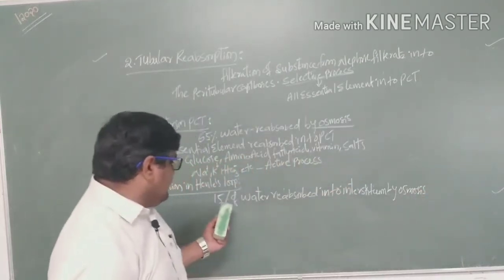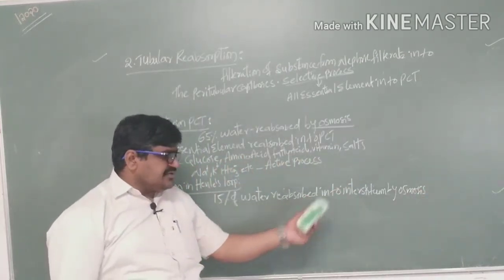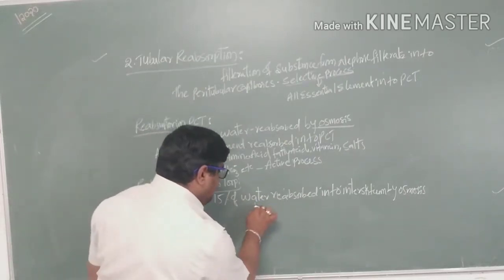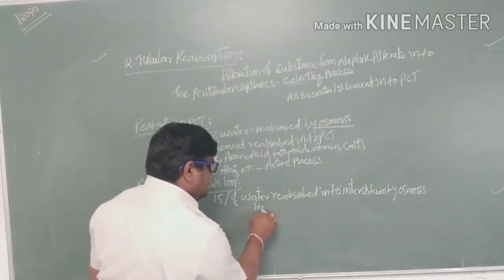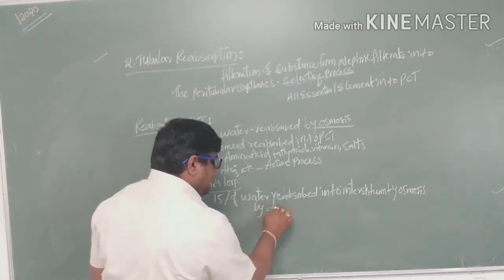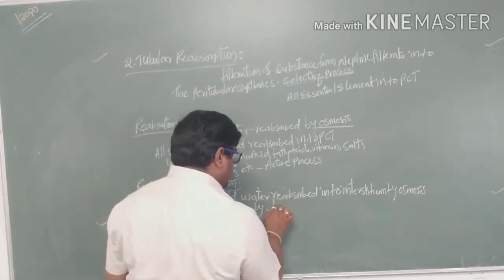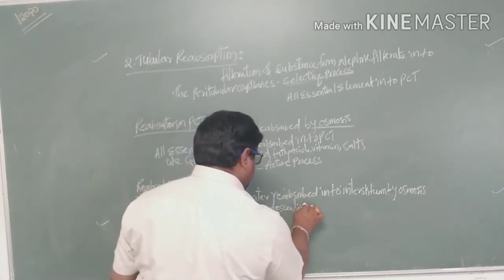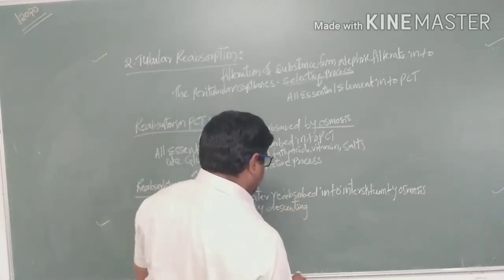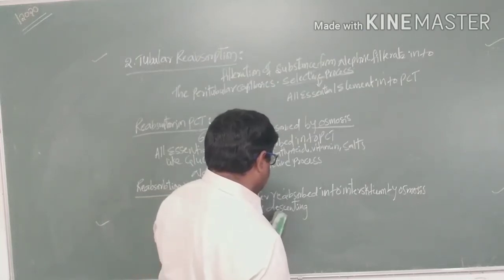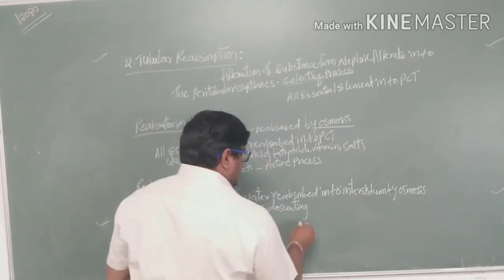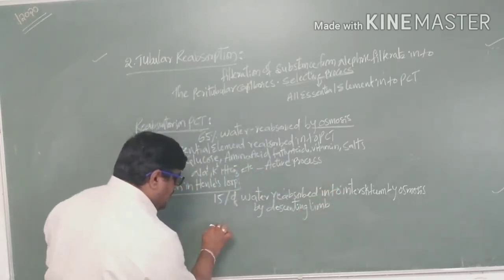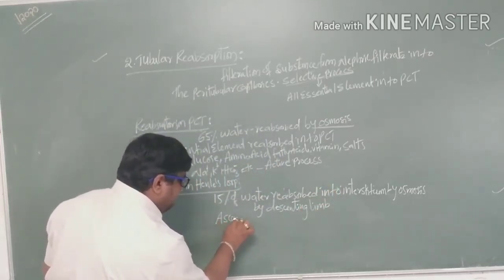That means 15% of water is absorbed into the interstitium by the descending limb, and also by the ascending limb.